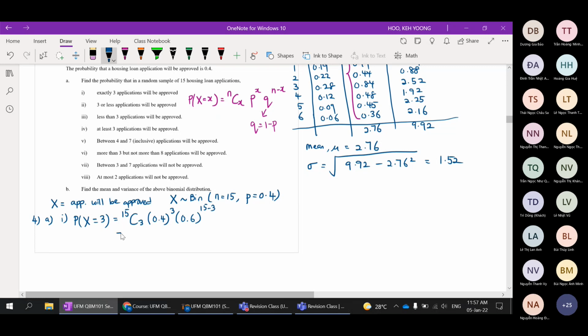So press in your calculator, and you should have 0.0634 by using the calculator.